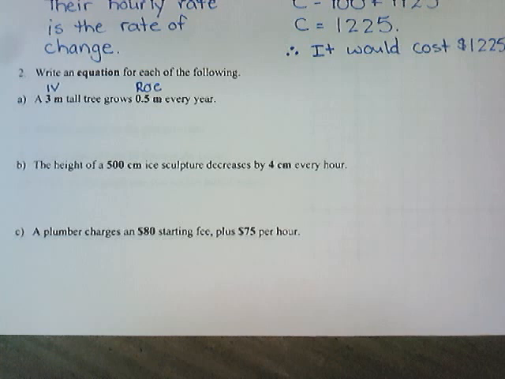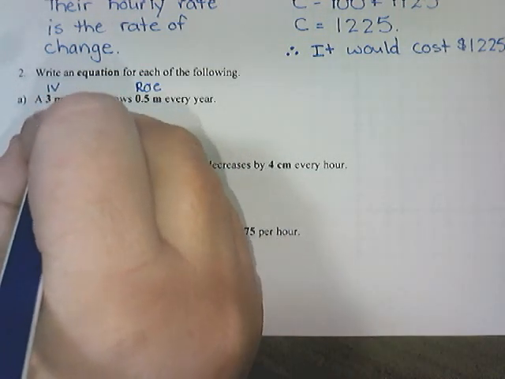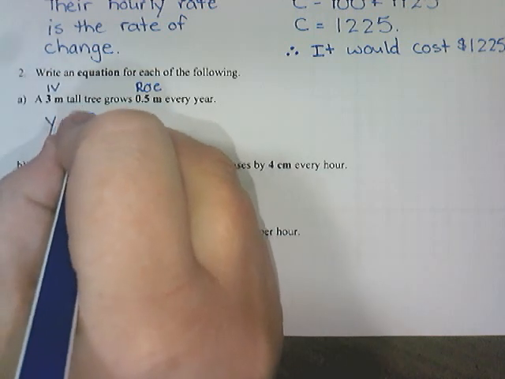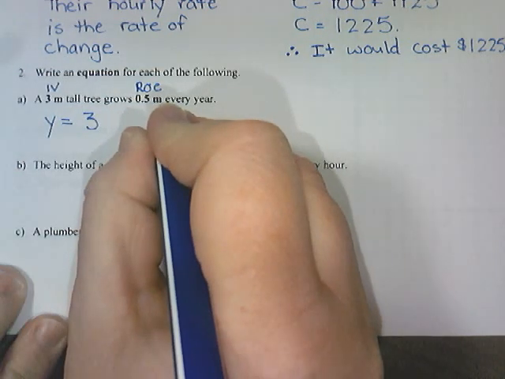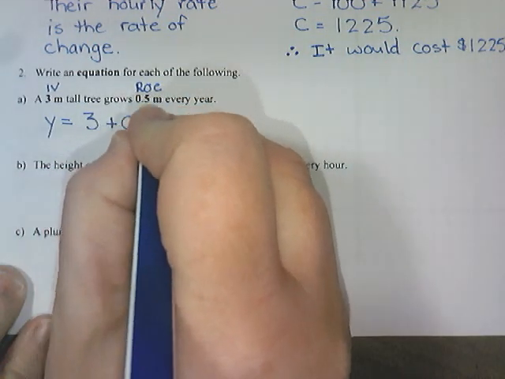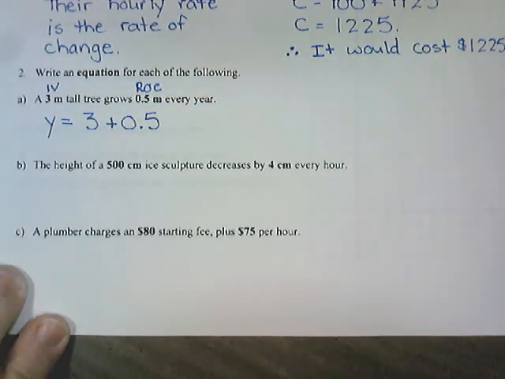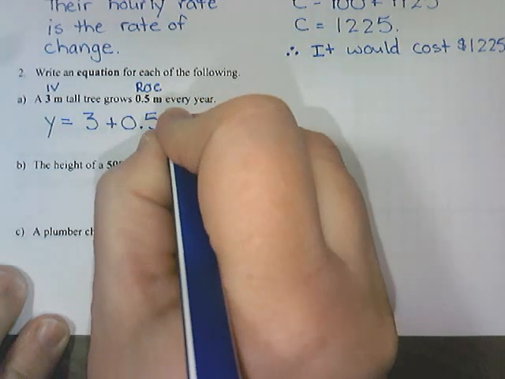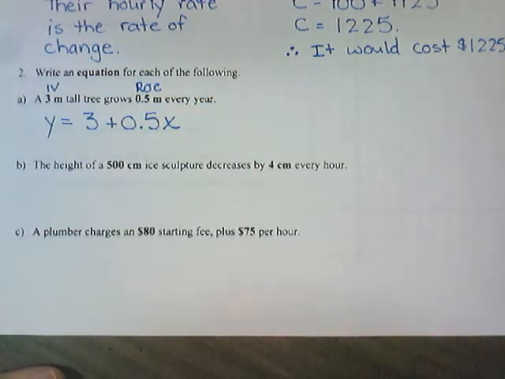So when I go to write my equation, I can do y equals, right? I could just do y equals my initial value, 3, and then it's growing. So I would do plus 0.5. I don't include the meters. And then every year, so I could do times x.